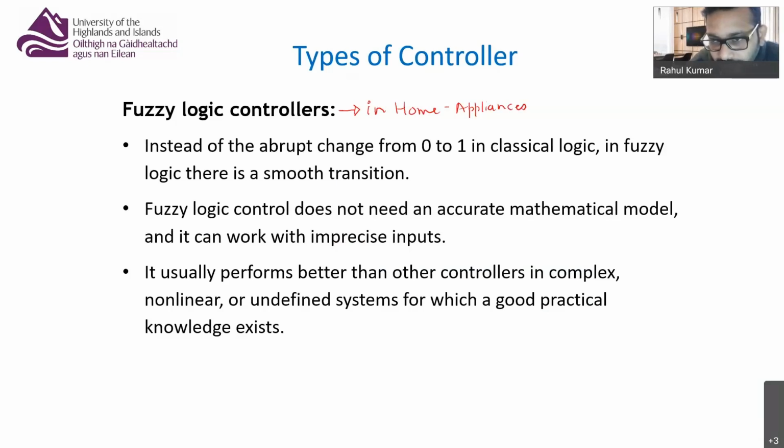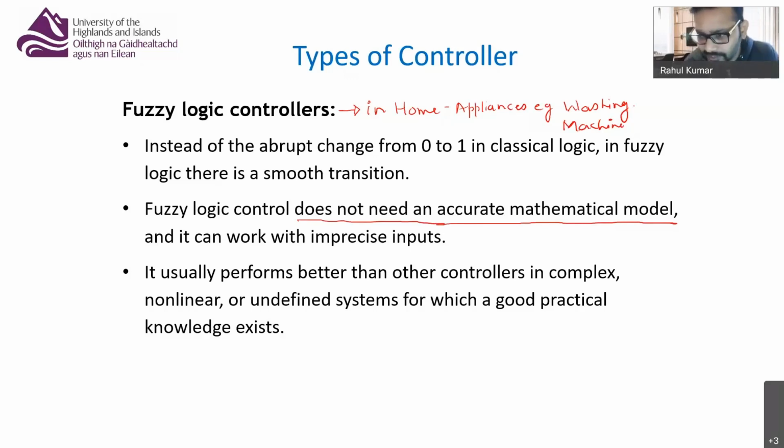So something like washing machine. Okay. So the best part of fuzzy logic controller is that you do not have to design an accurate mathematical model, right? Do not need an accurate mathematical model.